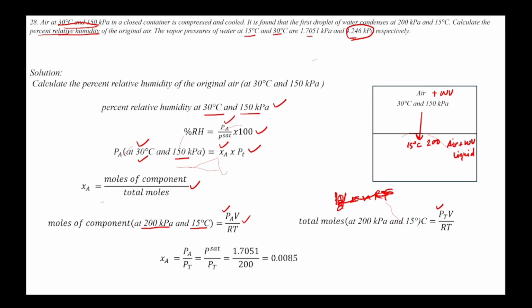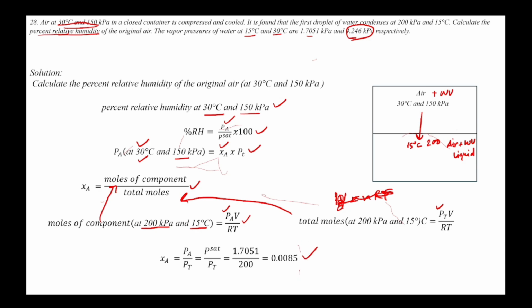Total moles will be total pressure V upon RT. So put these two values here, total moles and moles of the component. We will get PA upon PT, where PA equals P sat because the component is water, because partial pressure equals P sat. So it will give the mole fraction.